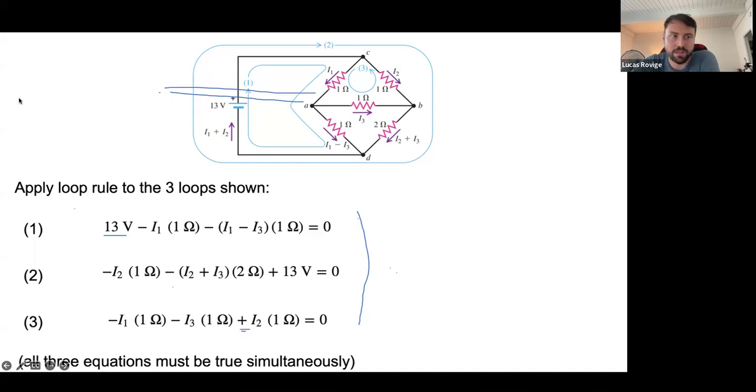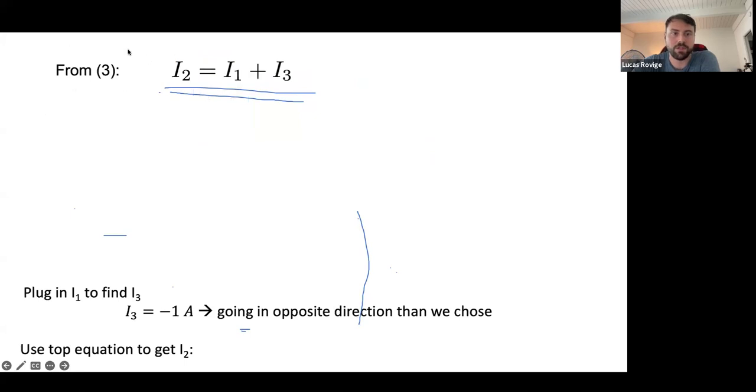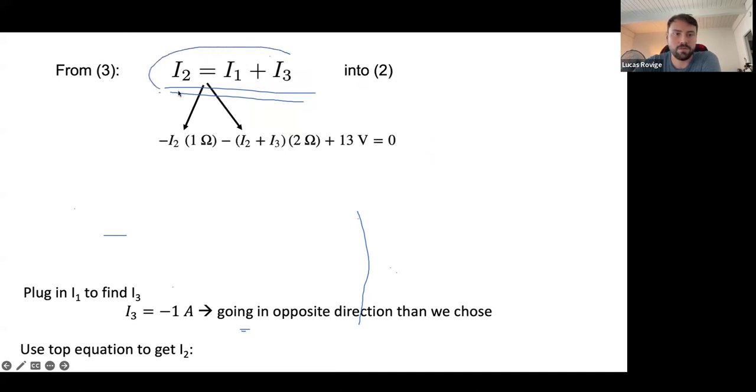We can express, using the third equation, I2 as a function of I1 and I3. And then we have this relation for I2, so we can inject it into the second equation. So we replace I2 by its value of I1 plus I3 in every step.